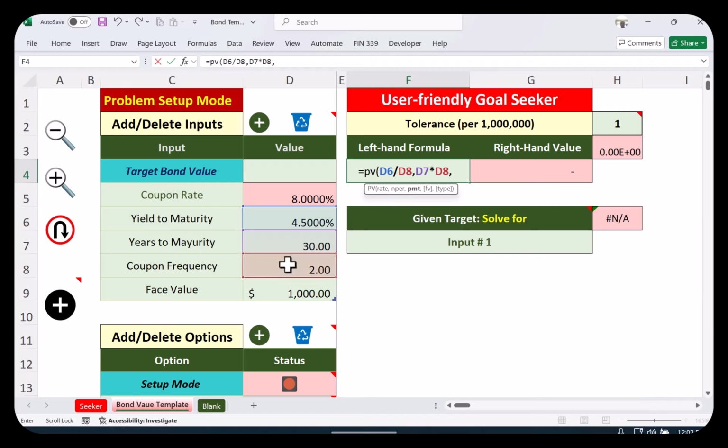The third argument is the coupon payment or coupon amount. Take the face value, multiply it by the coupon rate, divided by coupon frequency. And the last argument is just the face value. For reasons that I'm going to talk about, this will always give you a negative number. Obviously, we don't want bond values to be negative. So I'm going to put a negative in front of it.